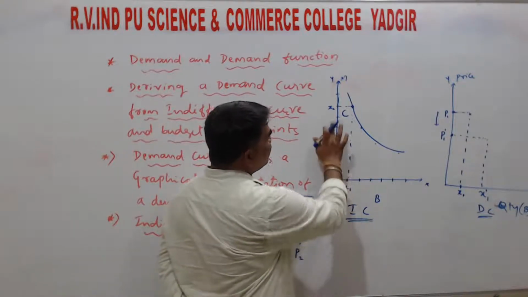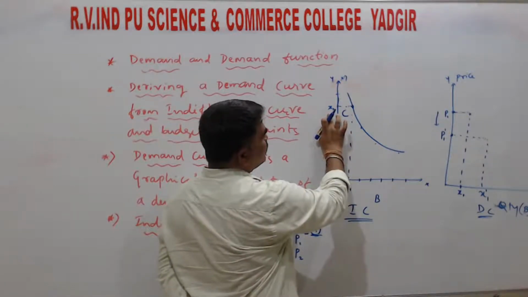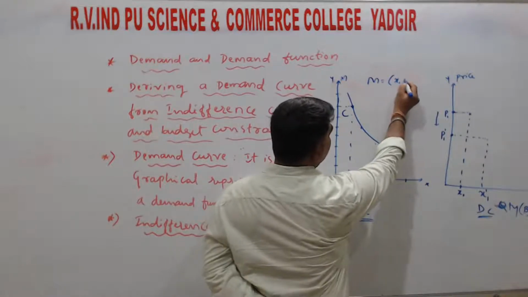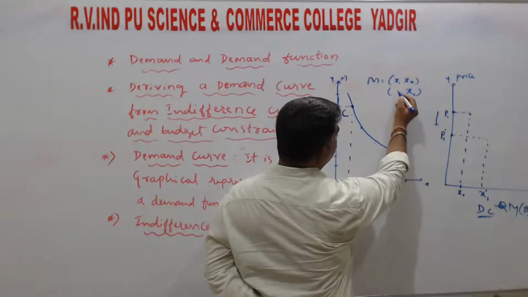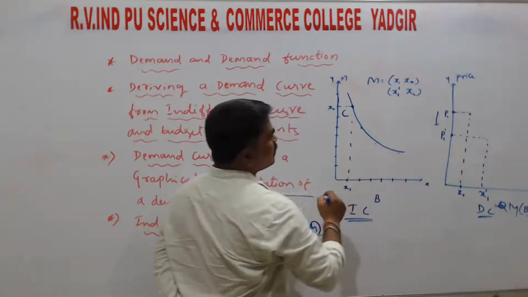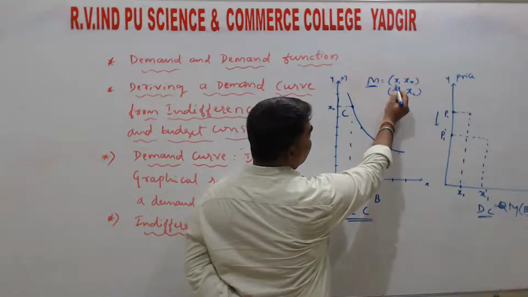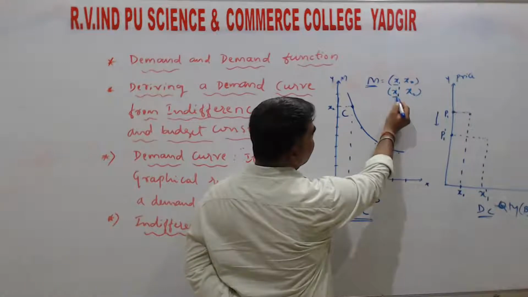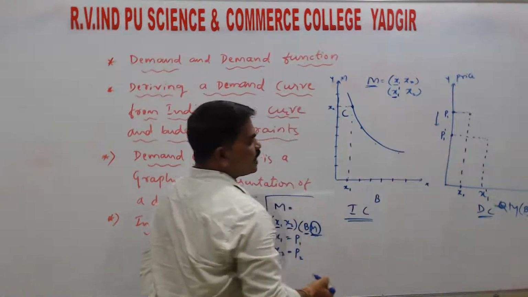So here the mango will remain the same, keeping his income, if he is selecting this bundle. The mango will remain the same, but from X1 there is a new quantity now. With the same income, before he was getting X1 quantity. Now the quantity of banana has changed because there is a drop in the price of the banana.